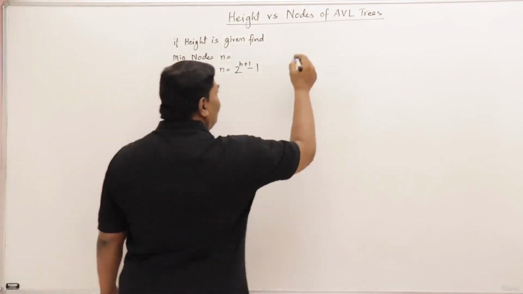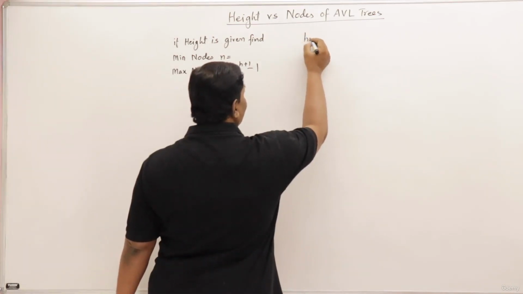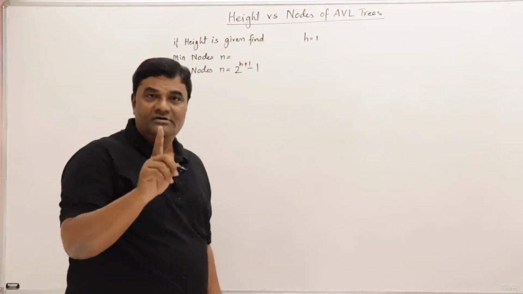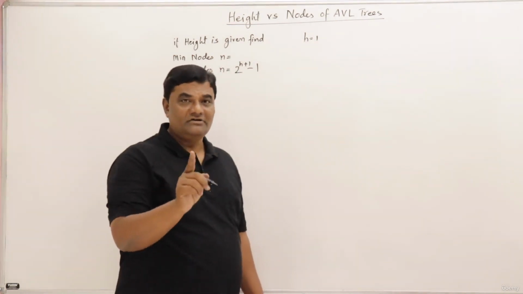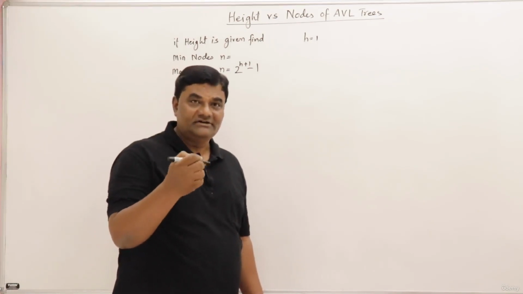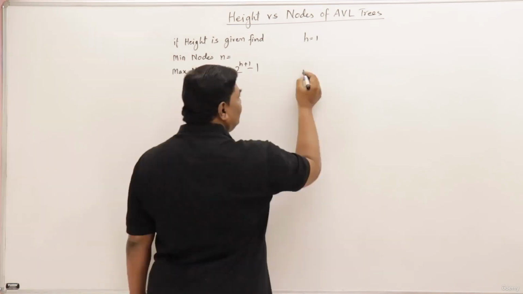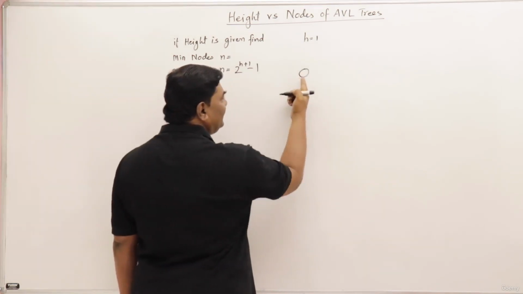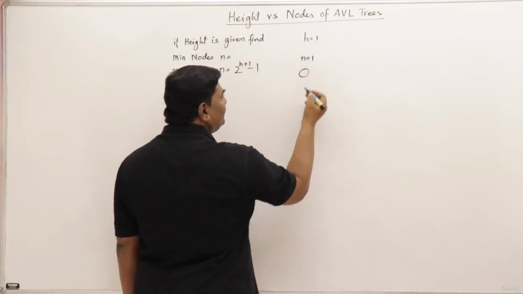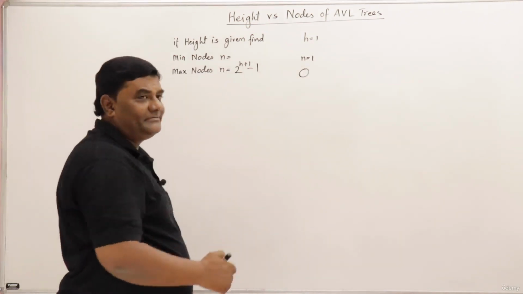First example, let us assume that height is 1. What about height 0? We will start height from 1 onwards, right? So if height is 1, then just one node. I'm not putting any values. Minimum 1 only, maximum also 1.